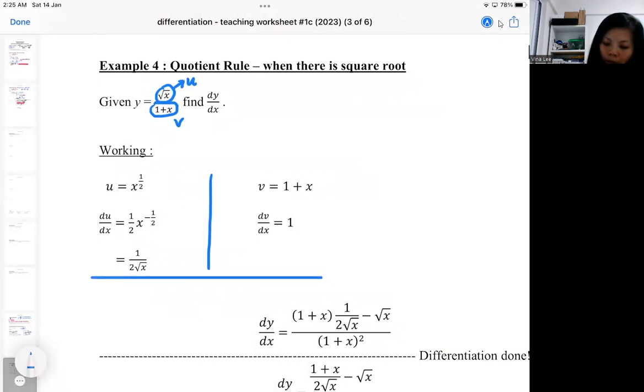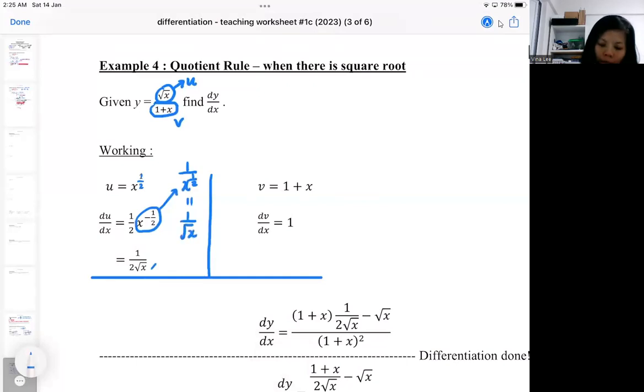As you do the mini differentiation, the one with the square root will be a power half. So you bring down the power, then minus one from the power. To some of you, if your indices are not so good, you will be mind blocked by the negative half. The negative half is actually a square root.